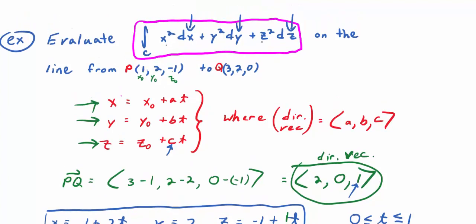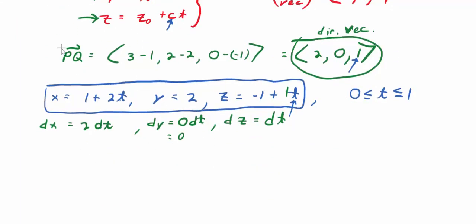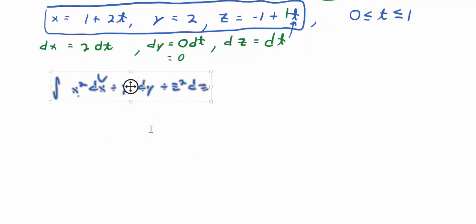Okay, so let me copy this so you can really see it in action. It's kind of a neat notation, it really is. So when I plug in here, let me erase this errant mark. Okay, so now let's plug in. Now you can see what I'm doing.